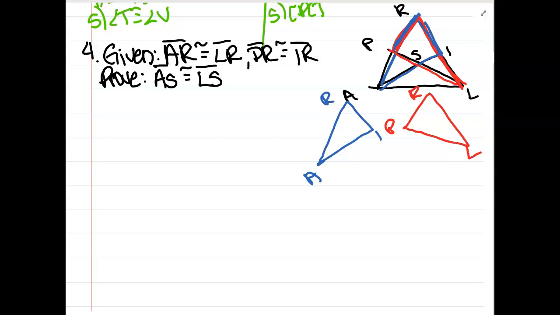And my given says AR is congruent to LR, and then PR is congruent to IR. So I have two sides. So go back to the picture. Looking at these two triangles, what do they have in common?